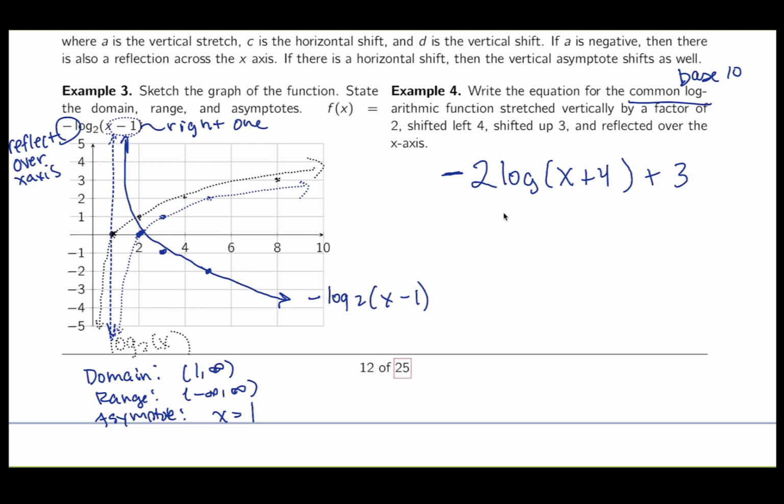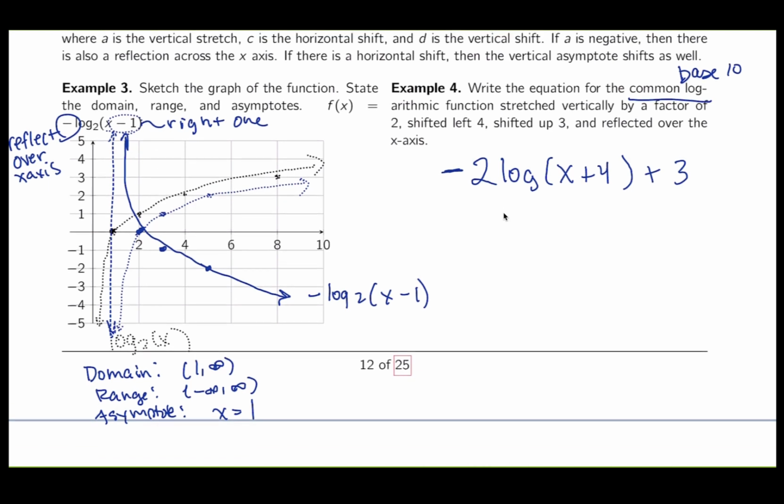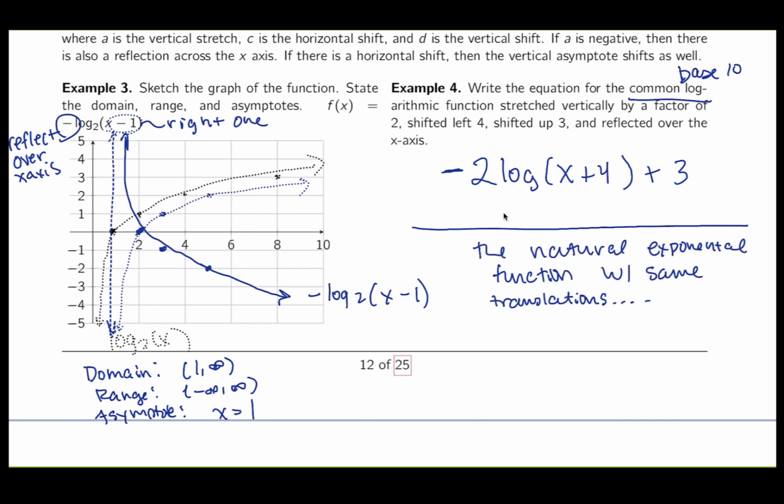Again, these are the same kinds of things that we would do for exponential functions or square root functions. We just have a different function with it. If I had asked almost the exact same question, but it said, write the equation of the natural exponential function, which has been stretched vertically by a factor of 2 and shifted left 4 and shifted up 3 and reflected over the x-axis, it's going to look really, really similar.